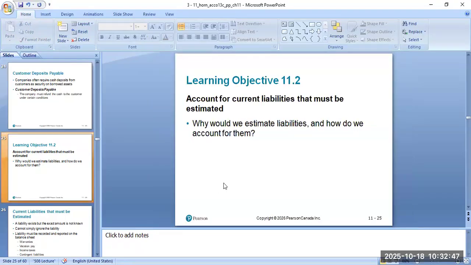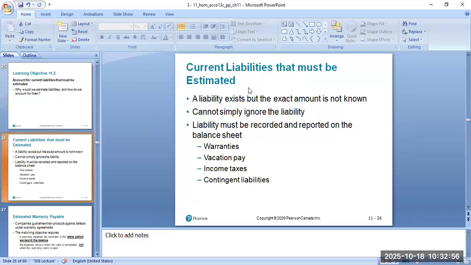Now, let's see which current liability accounts have to be estimated and why. Sometimes current liabilities have to be estimated. Why? Because we know the liability exists, but we don't know the exact amount.